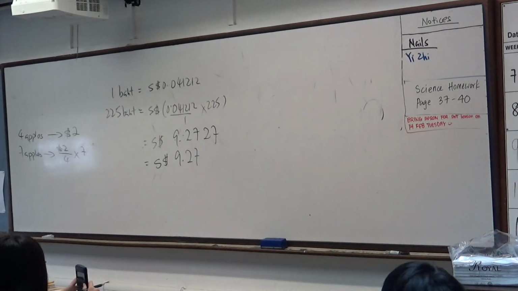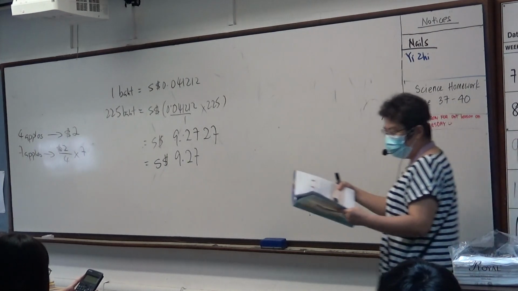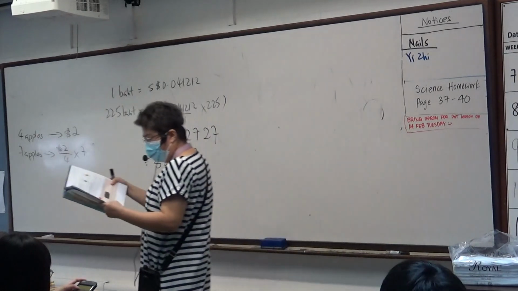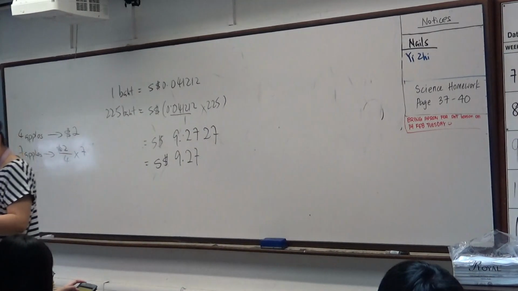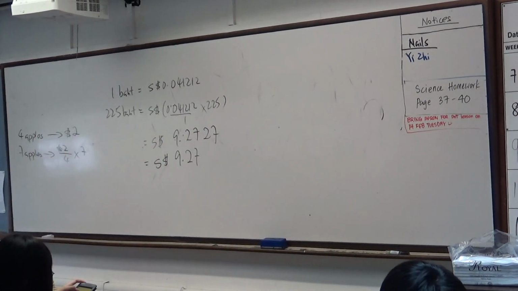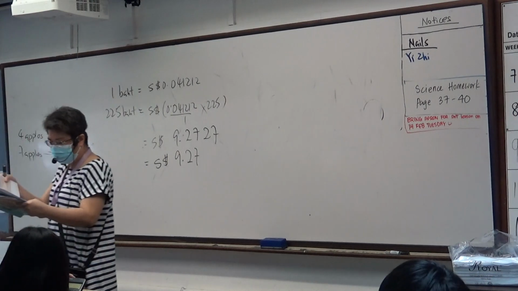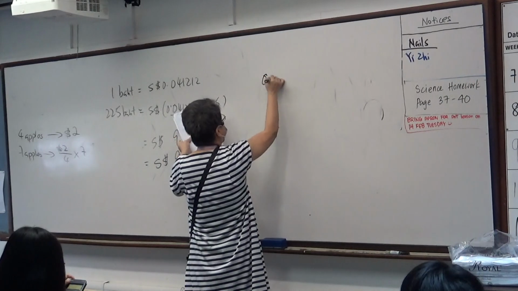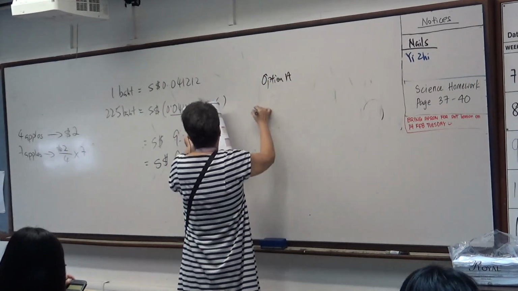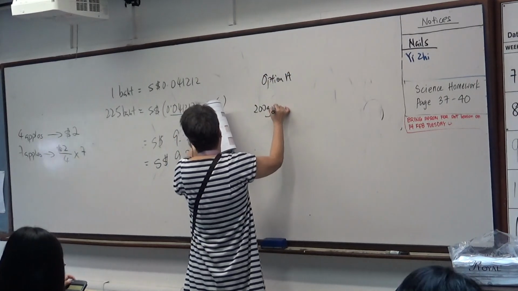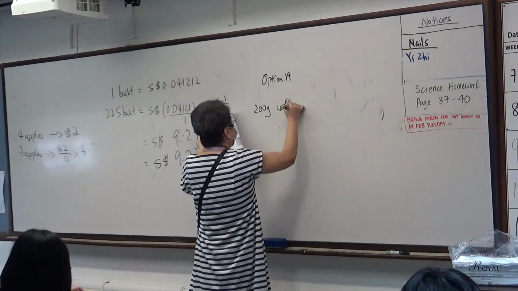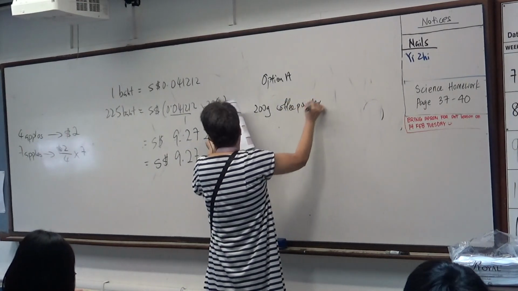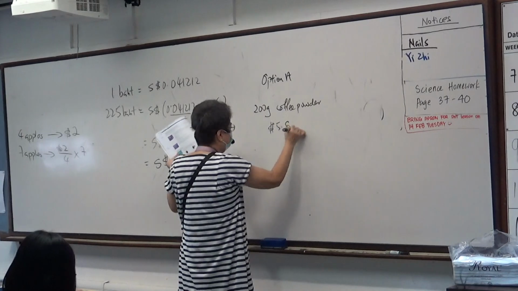Alright, now next part. Value for money. Okay, let's have a look at work example 7. You are in a supermarket with your neighbor and she sees the following options for the same brand of coffee powder. Okay, now coffee powder 1 is 200 gram coffee powder for 580.